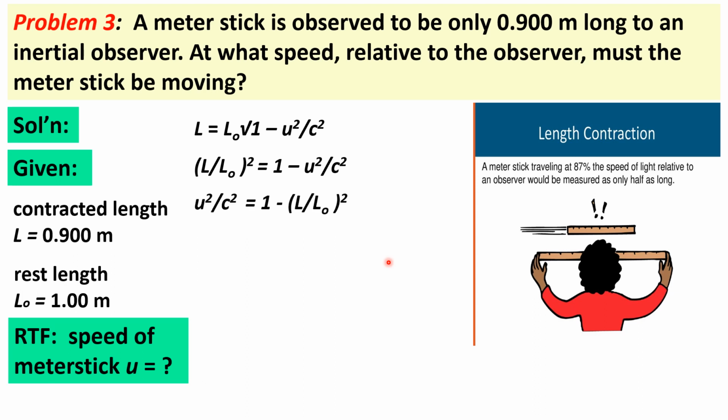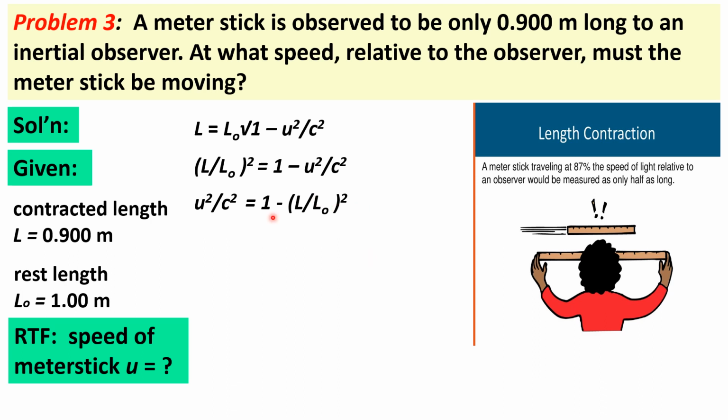What we do is isolate u squared over c squared to the left side of the equation. Since this is negative, when transferred to the left side, that becomes positive u squared over c squared, while L over L naught squared, when transferred to the right side, will become the negative quantity L over L naught squared.